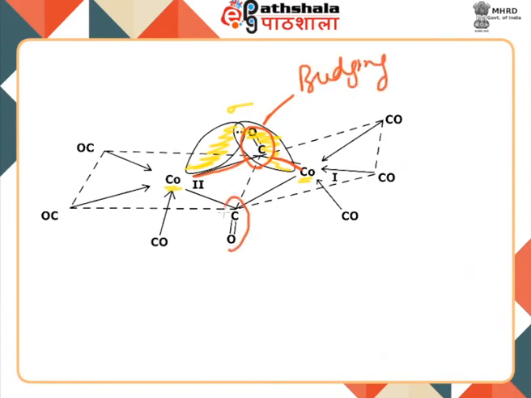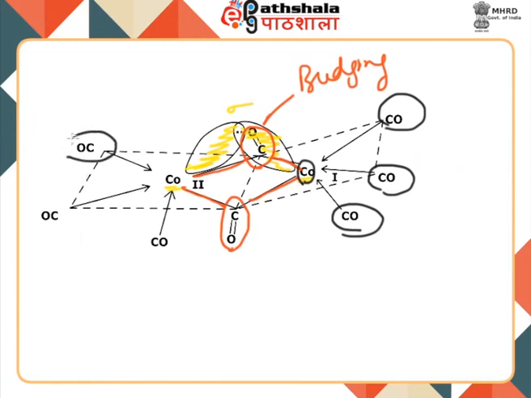Similarly, there is another bridging carbonyl between these two cobalts, which is here, and we have seen that these are the 3 terminal carbonyls on this cobalt, and similarly these are the 3 terminal carbonyls on this cobalt.